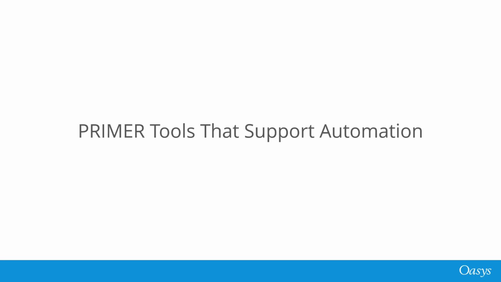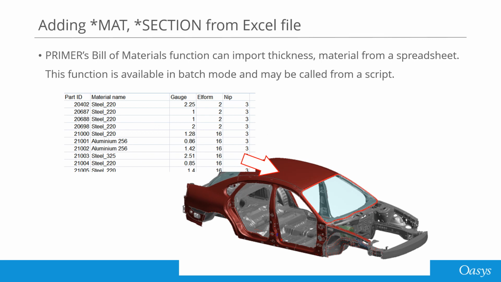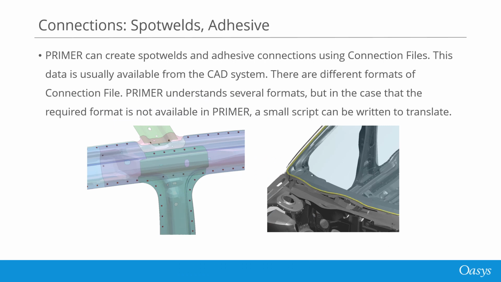So just run through some of the tools in Primer that support automation. So we've got bill of materials. So reading in material thickness information from a CSV file and applying it to your model. This is a function that can be called in batch mode and can be called from a script. And Primer can create Spotwelds, Adhesive, bolts using connection files.